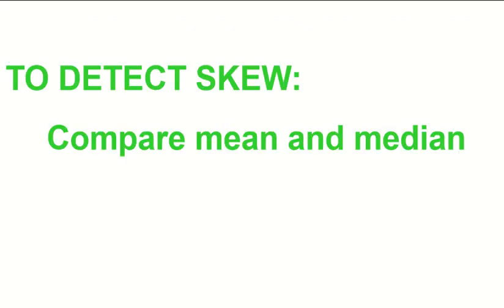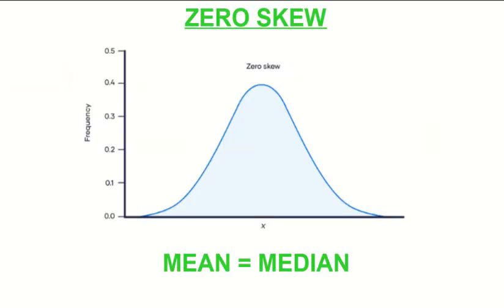So if we want to find skew or figure out how skewed our data is, we want to compare the mean and the median. All right, so if we have zero skew, what that means is your data is going to look like a nice curve like that.